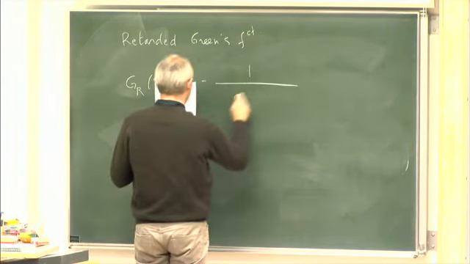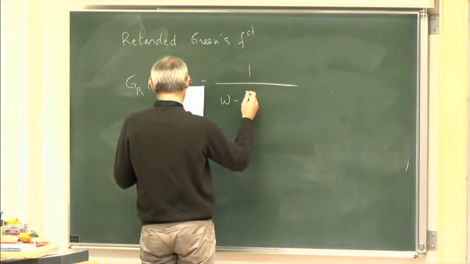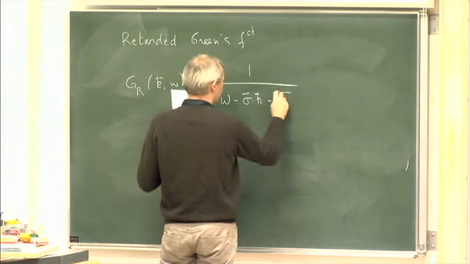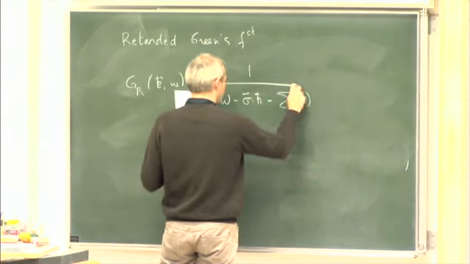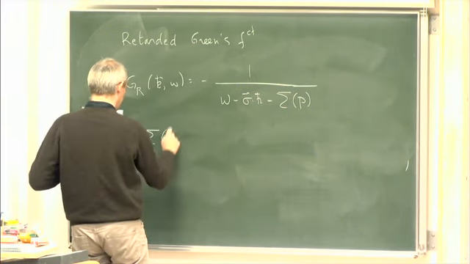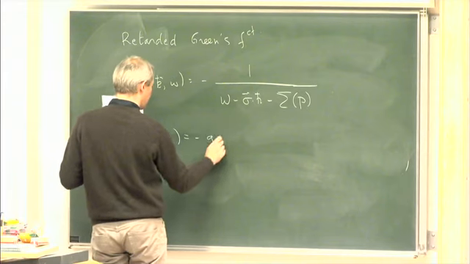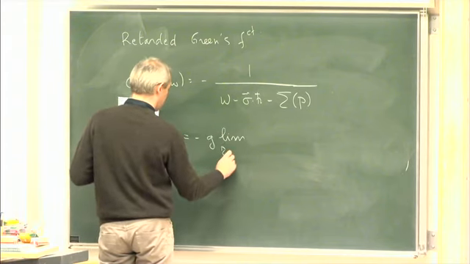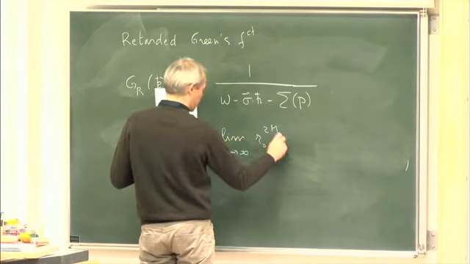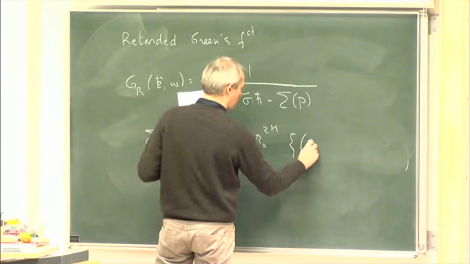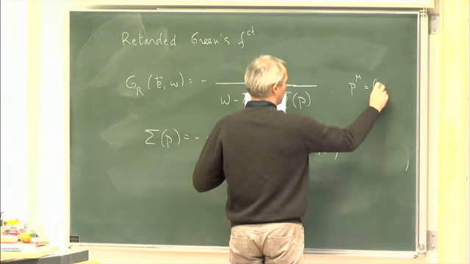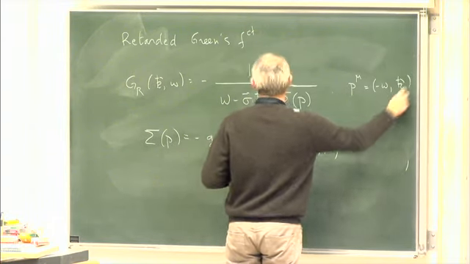Well, the signs don't really matter. Omega minus sigma dot k minus Sigma, where Sigma of p is given by minus g times the limit of r0 going to infinity, this is just plugging in stuff. And p mu is just minus omega, k.